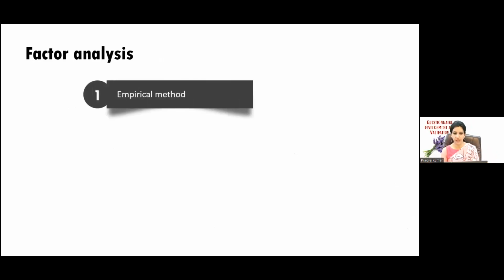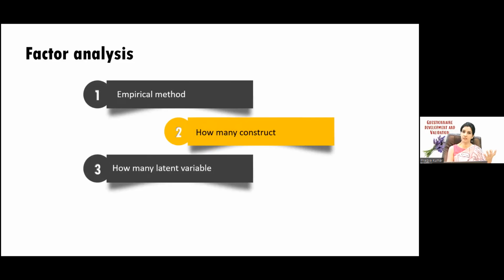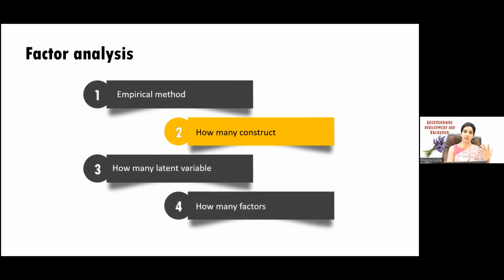Now, this factor analysis is an empirical method, meaning it is based on observation and data, and you do an analysis, and it's a technique by which you decide how many constructs are there in your set of items, whether it is a single construct or more than one construct, how many latent variables or factors there actually are.